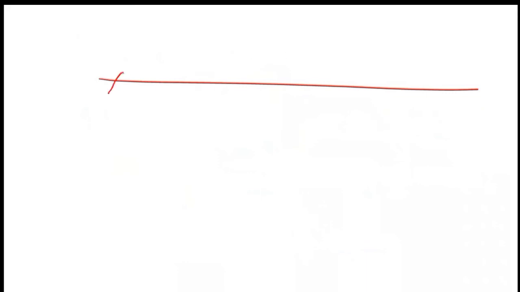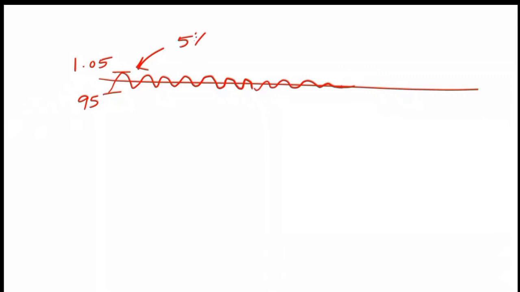But the response will oscillate around the final value and finally it settles down. So this oscillation, if it lies between 1.05 and 0.95, then this is called a 5% tolerance band.